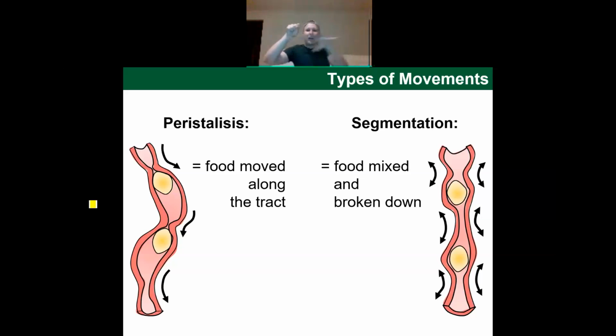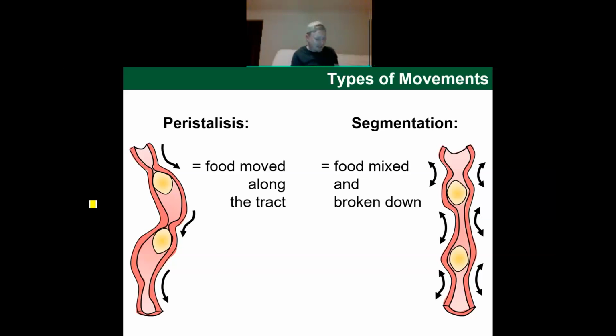That doesn't generate a wave-like movement that would move materials along this tube. All it does is break down food that's right at that spot where you contract, and it also helps to mix food in that area. It doesn't help to move the food along, it simply helps to break and mix the food within that tube.